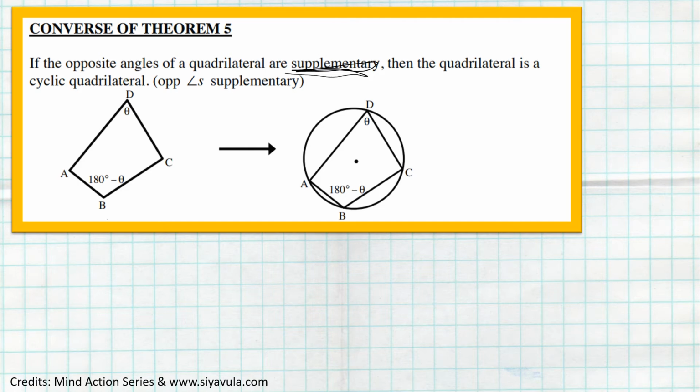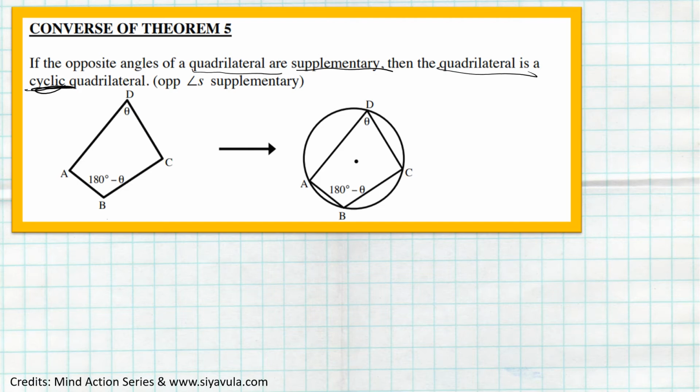If opposite angles of a quadrilateral, not a cyclic quadrilateral, very, very important, are supplementary, then we can conclude that that quadrilateral is a cyclic quadrilateral, meaning that there is a circle around it, because opposite angles are supplementary. And this is the converse theorem.